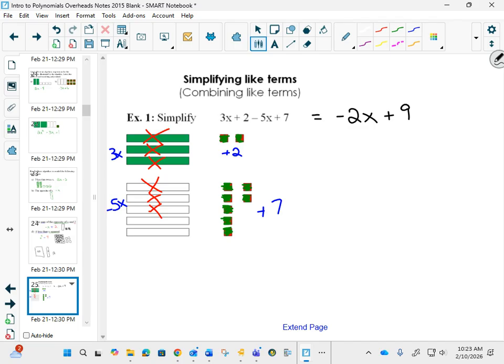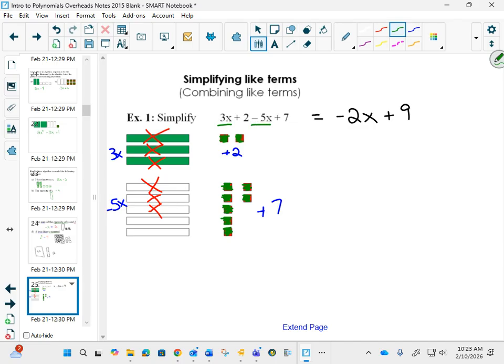Now eventually you're not going to want to draw these pictures. If drawing the pictures is what you need to do every question, that's excellent, do that. But eventually what we're going to do is go through our equation and say this term, 3x, is alike with the minus 5x.